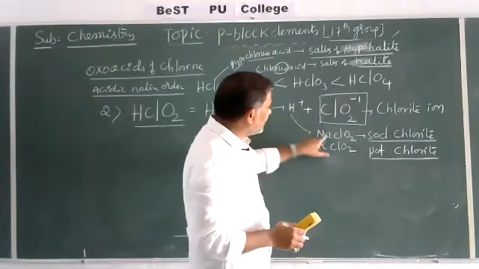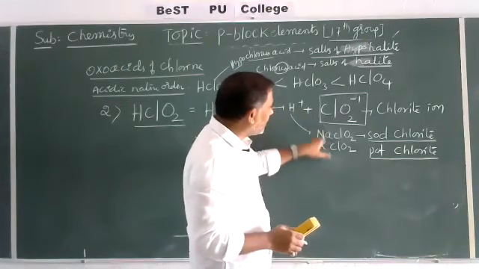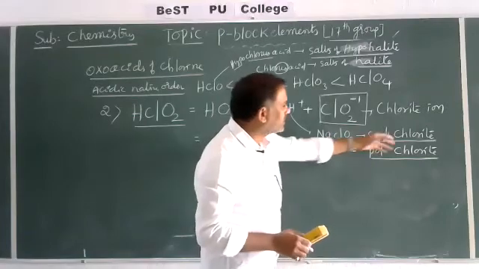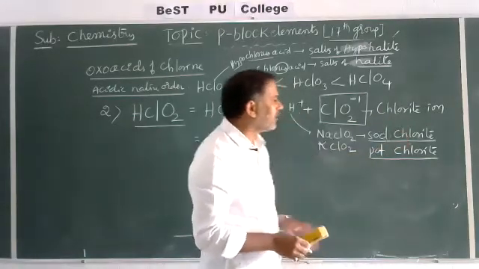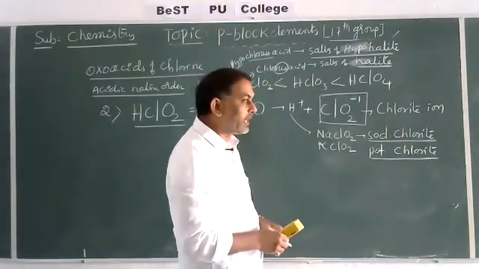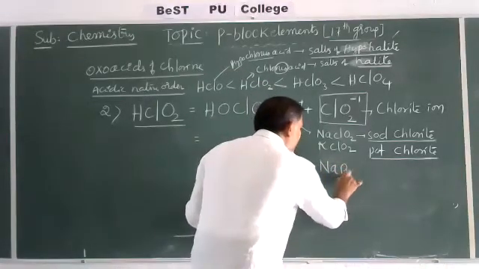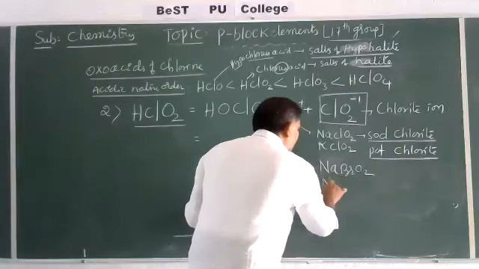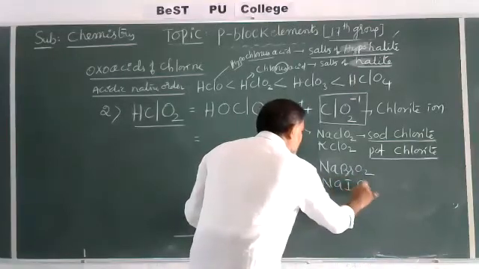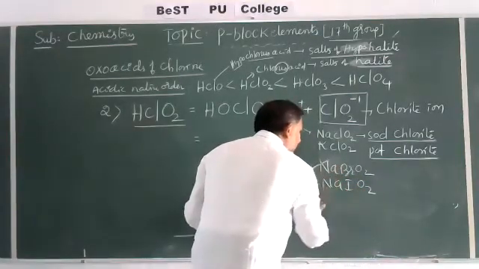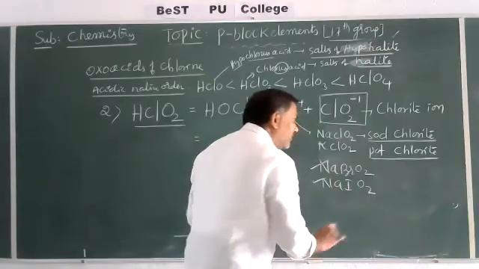Instead of hydrogen, we can take Na or potassium, alkali metals. It gives corresponding salts. They are the halites: chlorite, bromite. Also, we can take NaBrO2 or NaIO2, sodium bromite, sodium iodite.